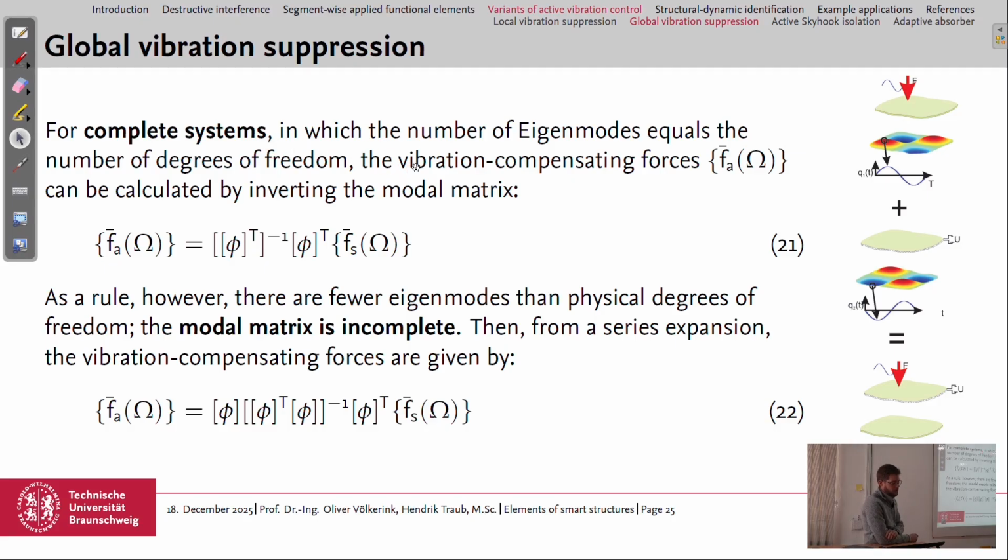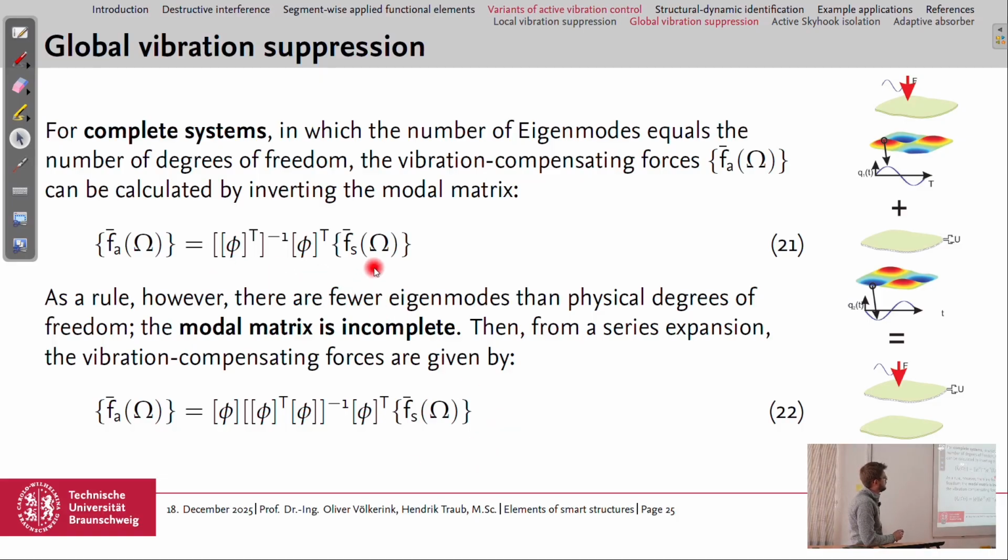In real applications, we don't have complete systems because we have indefinite degrees of freedom, and therefore the modal matrix is incomplete. Then we can help ourselves with a series expansion for calculating the vibration compensating forces.